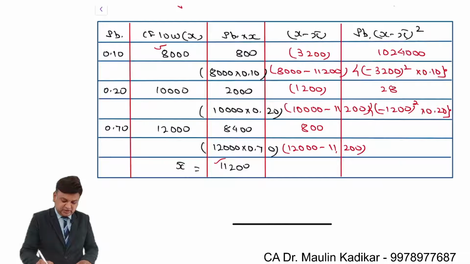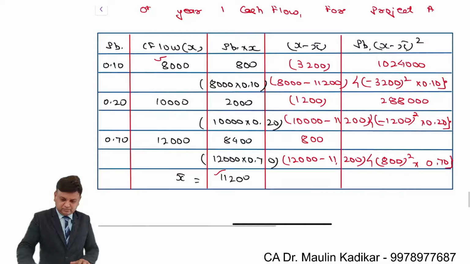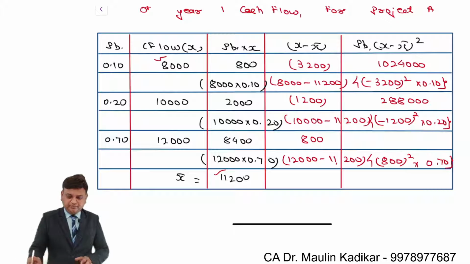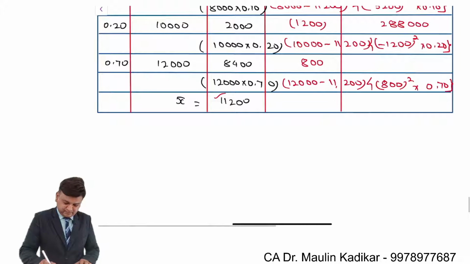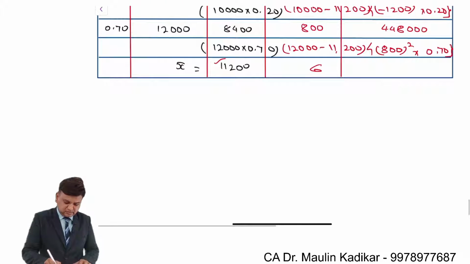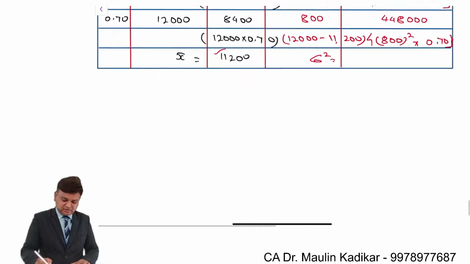Again keep it directly into memory, plus square of 800 into 0.70. That comes to 4,48,000. So summation of that is variance. Variance is 17,60,000.